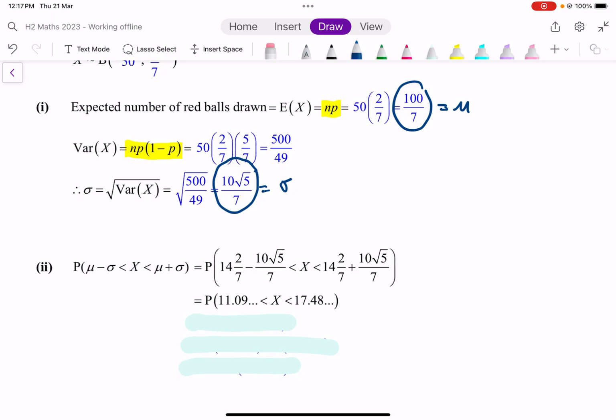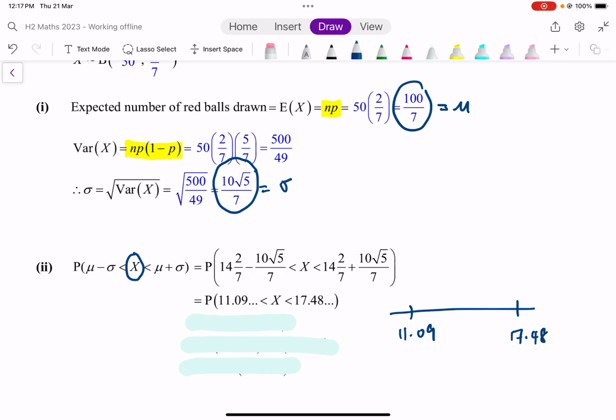Because this is a binomial distribution, meaning your X is a binomial random variable, it should take integer values. If you draw the number line, this is 11.09, this is 17.48.